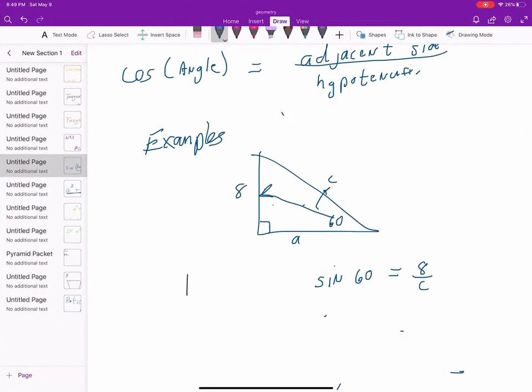So 0.866 over 1 equals 8 over C. Just like on the other ones, we're going to cross multiply. So we get 0.866C equals 8, and then we'll divide. So once you know which one you're doing, it's pretty much the same thing as the tangent one.